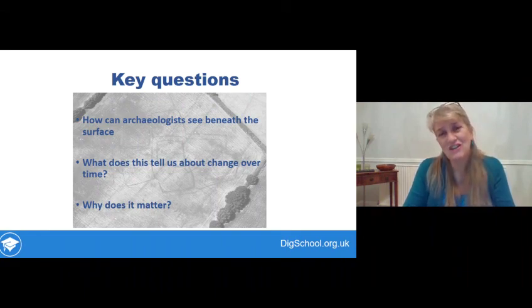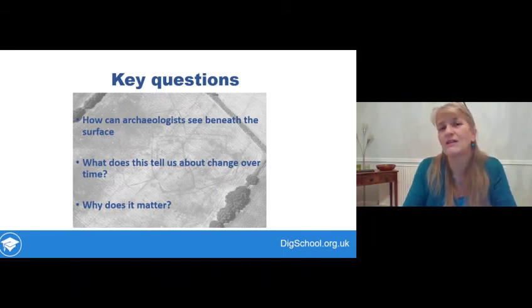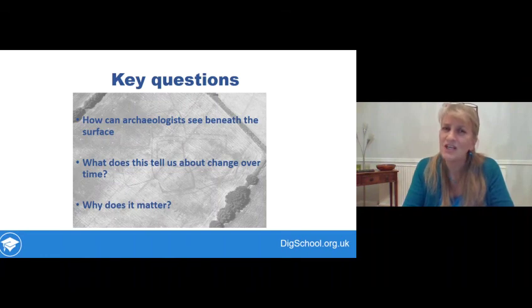It gives us a chance to see beneath the surface, sometimes just for a blink of an eye, sometimes for longer, and of course with a geophysical survey we can find out what's beneath the surface much more frequently, and that helps us understand much better what the history of this country, or indeed any country, has been like.